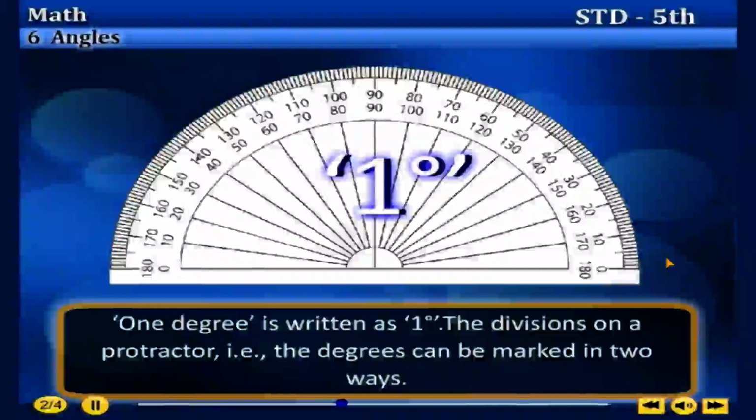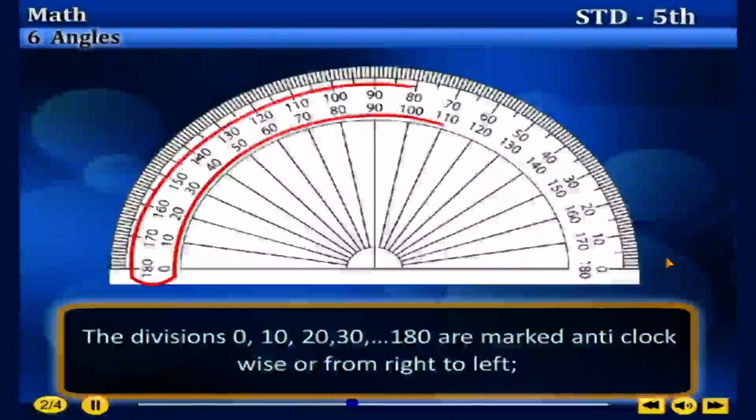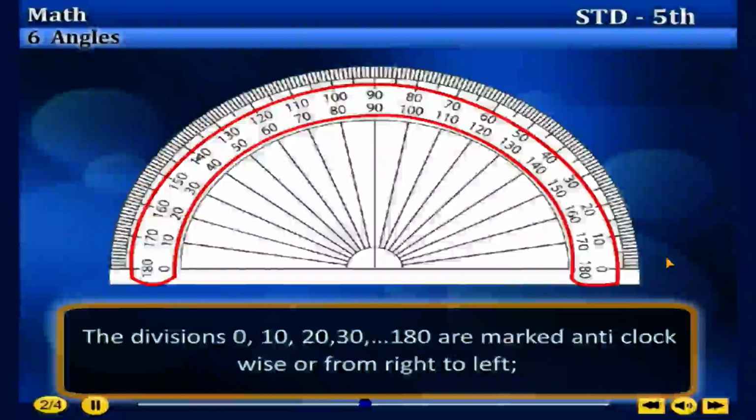The divisions on a protractor, that is, the degrees, can be marked in two ways. The divisions 0, 10, 20, 30, up to 180 are marked anti-clockwise, or from right to left.